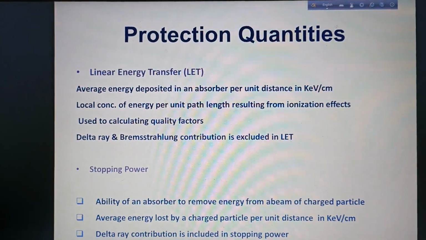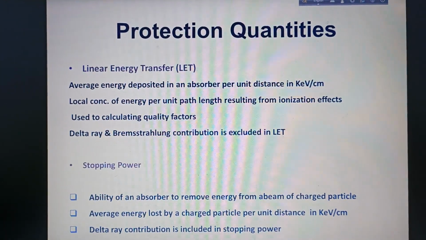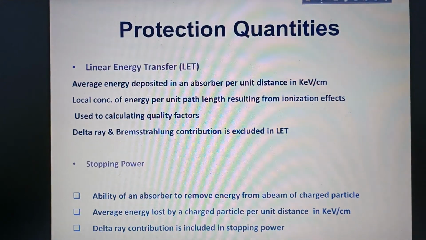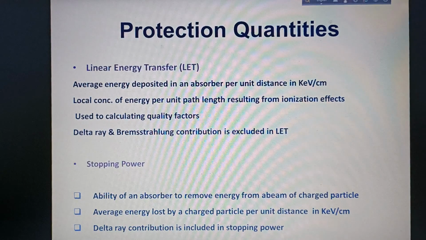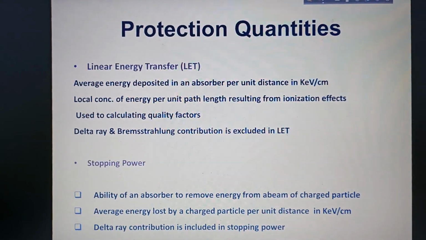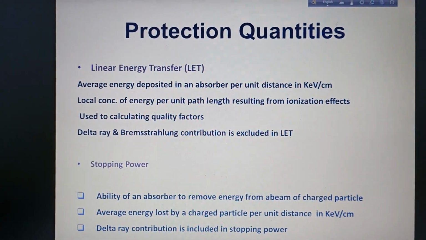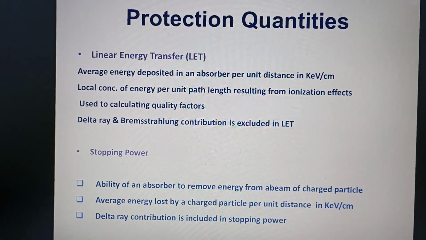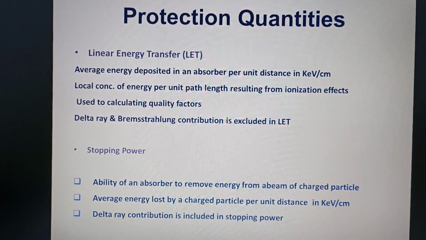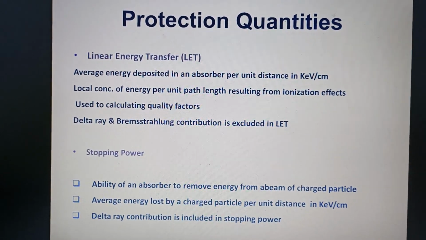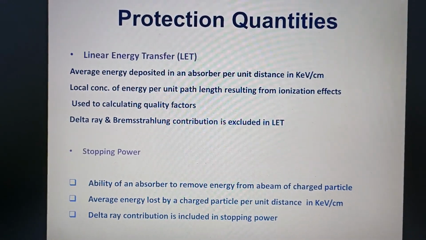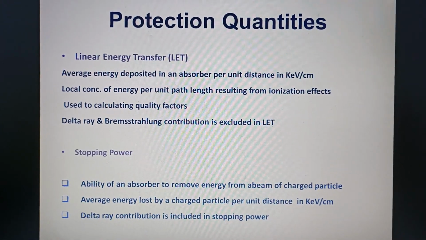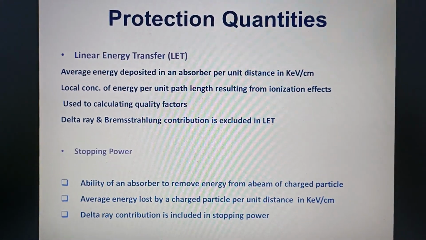Protection quantities. There is linear energy transfer. What is linear energy transfer? Average energy deposited in an absorber per unit distance in keV per centimeter. And stopping power: the ability of an absorber to remove energy from a beam of charged particles; average energy lost by a charged particle per unit distance in keV per centimeter.